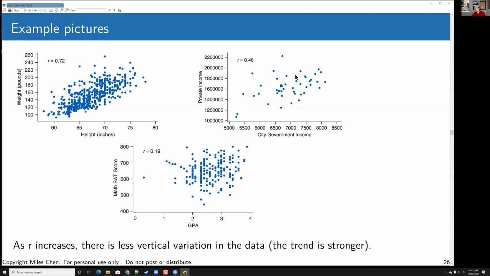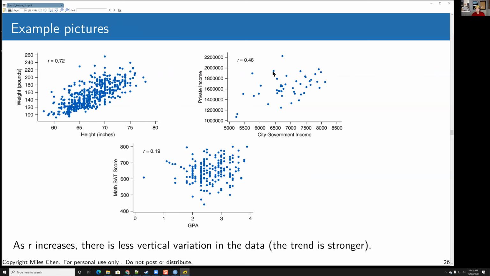Overall there's still a positive trend: in general, large values of x go with large values of y, small values of x go with small values of y. But there's quite a bit of scatter, and so we have r equal to 0.48. And here there's quite a bit of scatter.